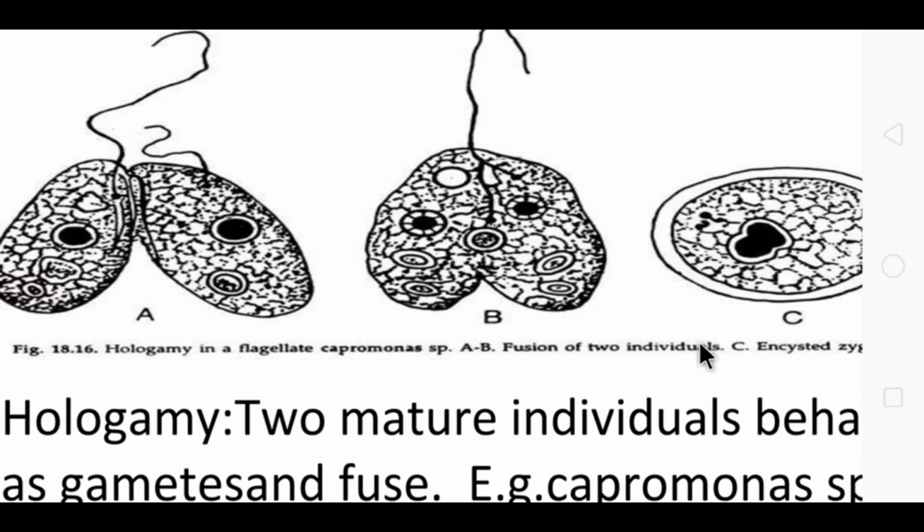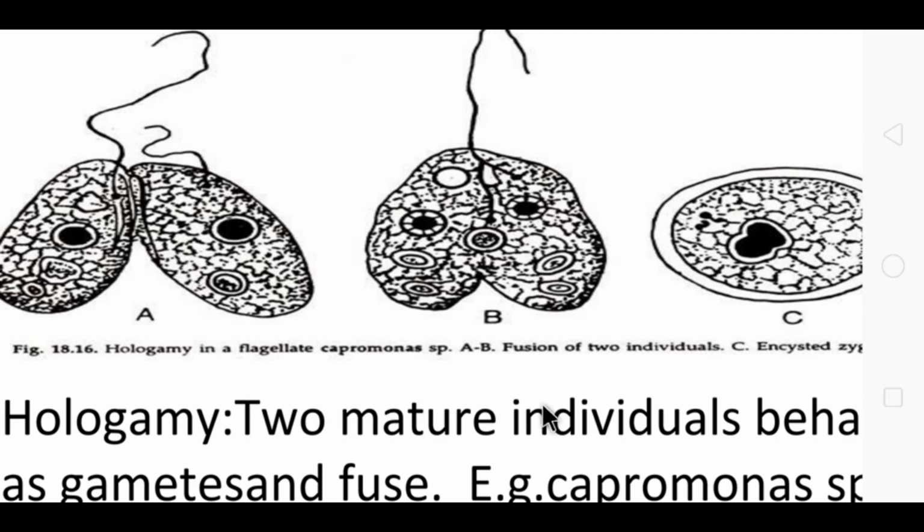Next one, hologamy. In this type, the two mature individuals, this is a mature individual, that is not the gamete. This is one individual, this is another one.